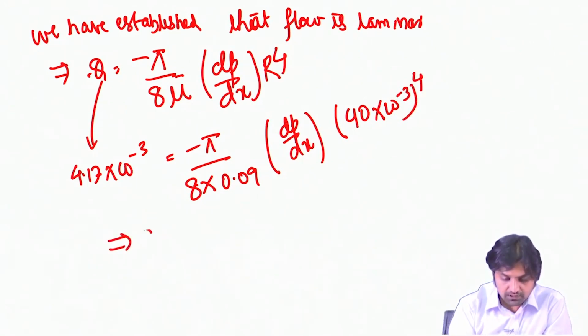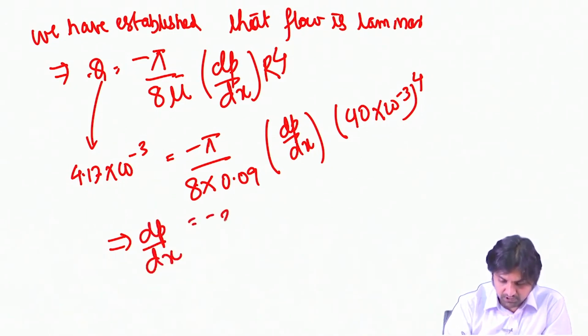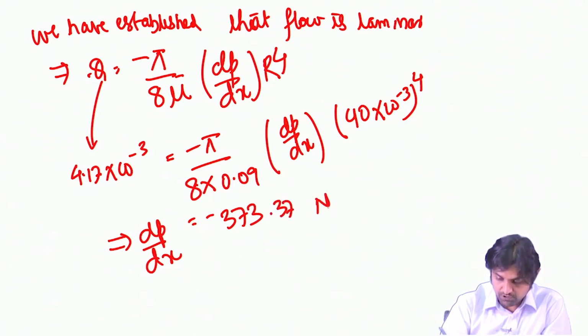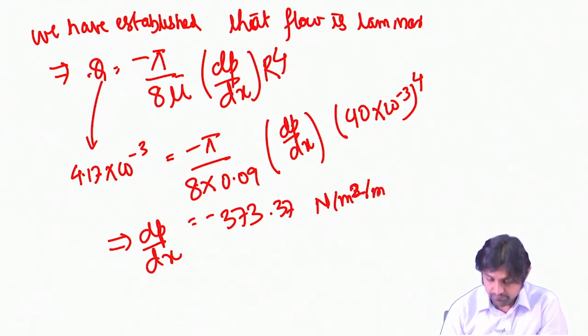What we get is dp dx equal to minus 373.32 Newton per meter square per meter. This is dp dx and it is constant.